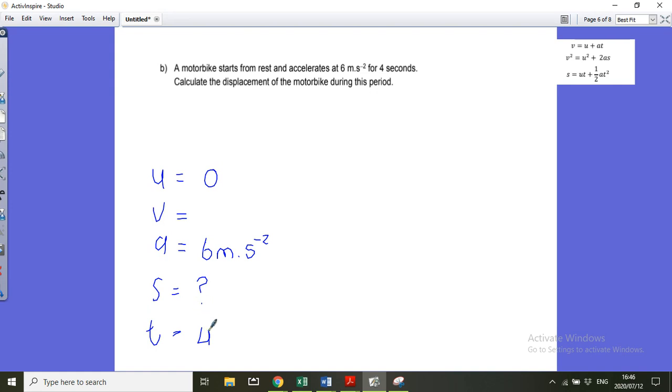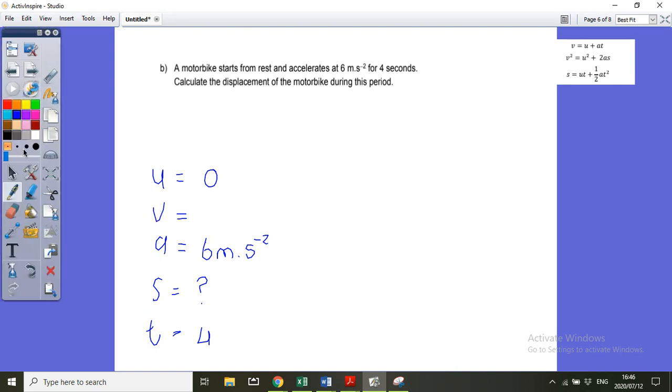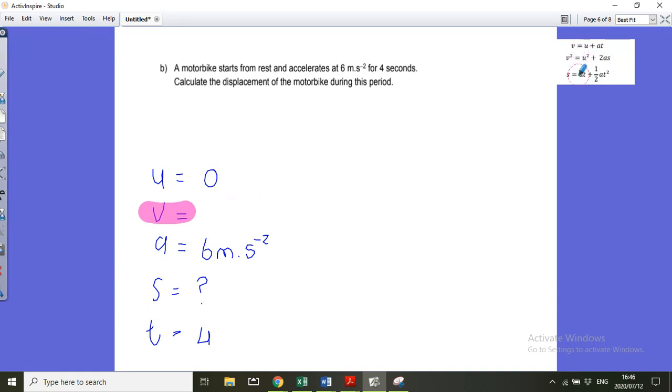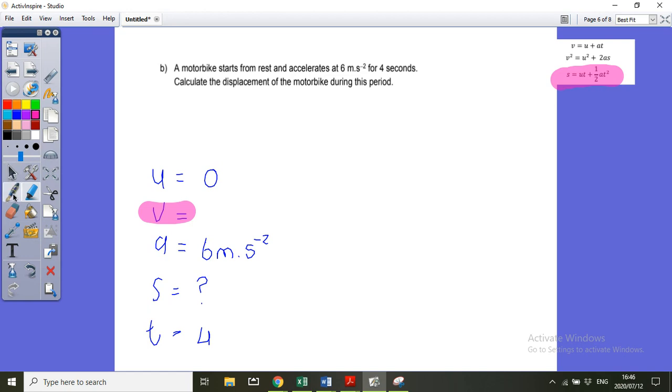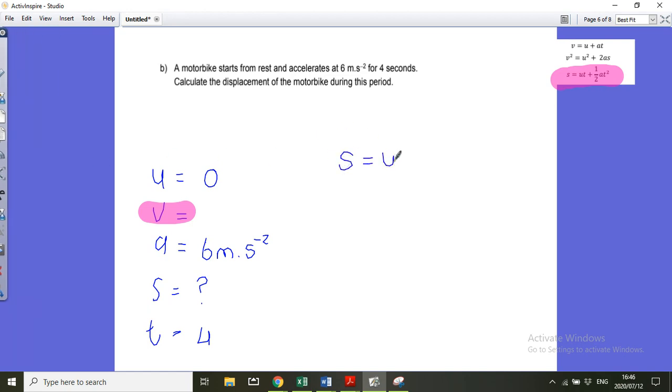So this time, S is what we want. Now, V in this one, we don't want and we don't need. So V we can leave out. And that leads us to that equation there. There we go. So S equals UT plus half AT squared.